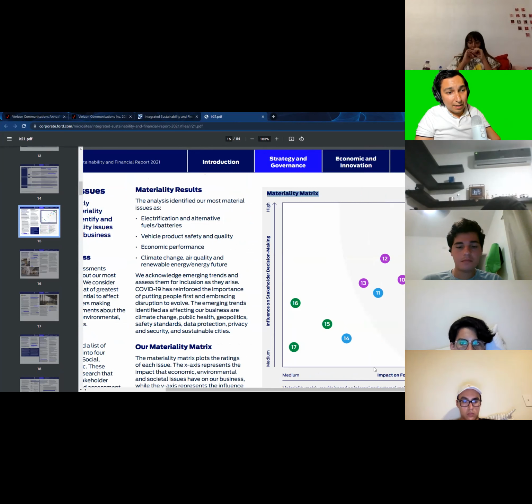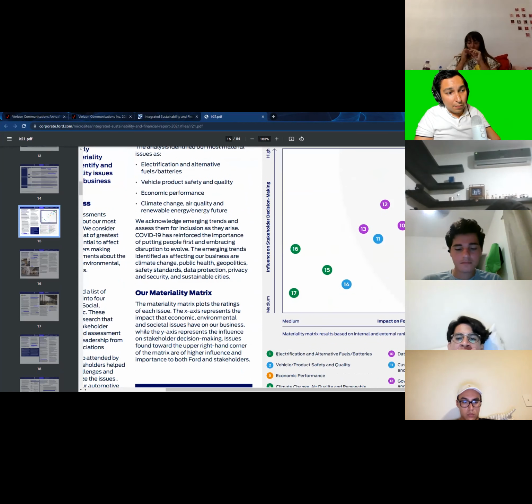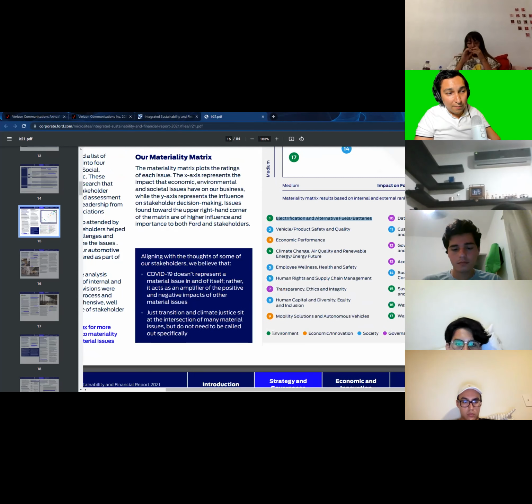We can see that the greatest impact on Ford and the greatest influence on stakeholders' decision-making is number one, which is modifying electrification and alternative fuels, finding alternative fuels and batteries. That's the key aspect for the company Ford regarding sustainability in the environment area.